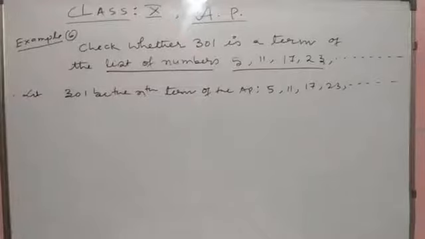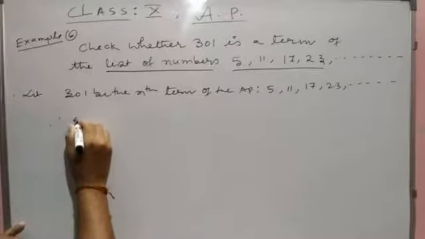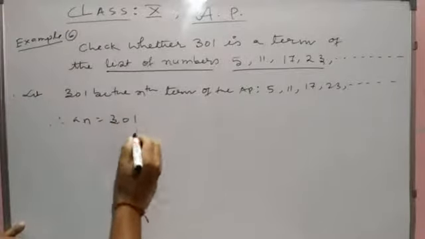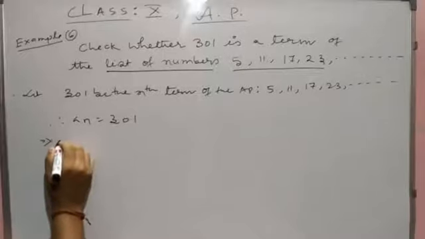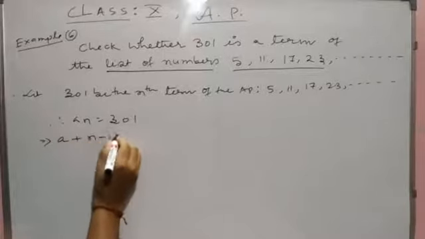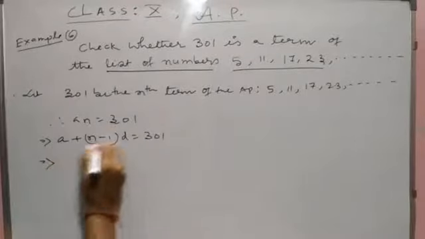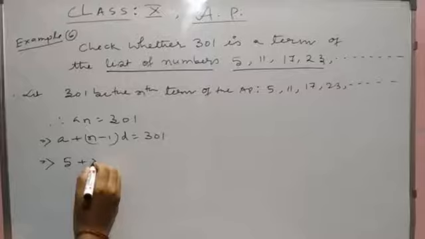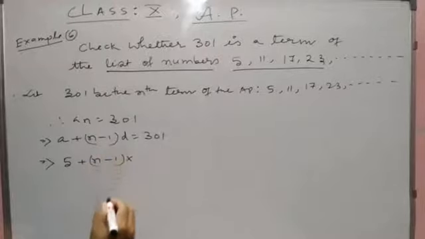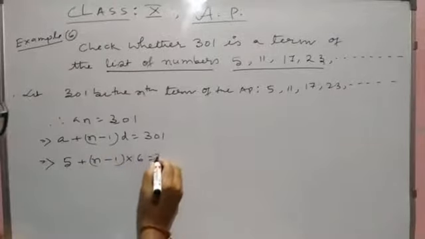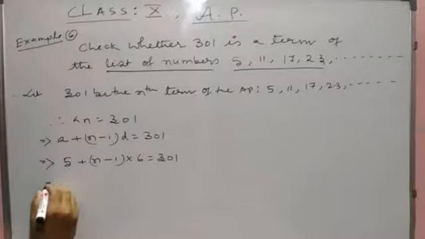Let 301 be the nth term of the AP 5, 11, 17, 23, dot. Therefore, an equal to 301, and this implies that an means a plus n minus 1 whole into d equal to 301. A means 5, d means 6.